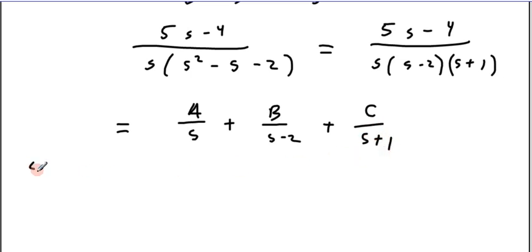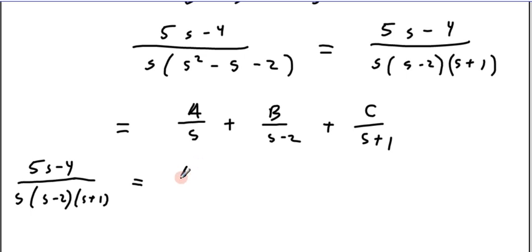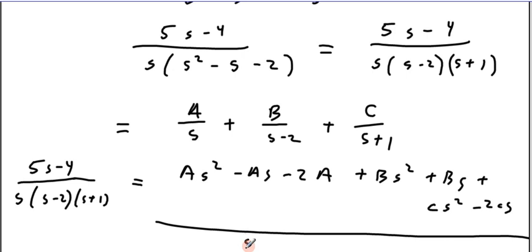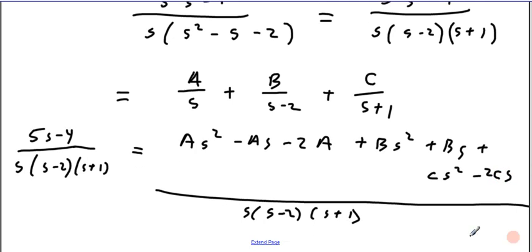And so 5s minus 4 divided by s times s minus 2 times s plus 1 has to equal as squared minus as minus 2a plus bs squared plus bs plus cs squared minus 2cs, all divided by s times s minus 2 times s plus 1.